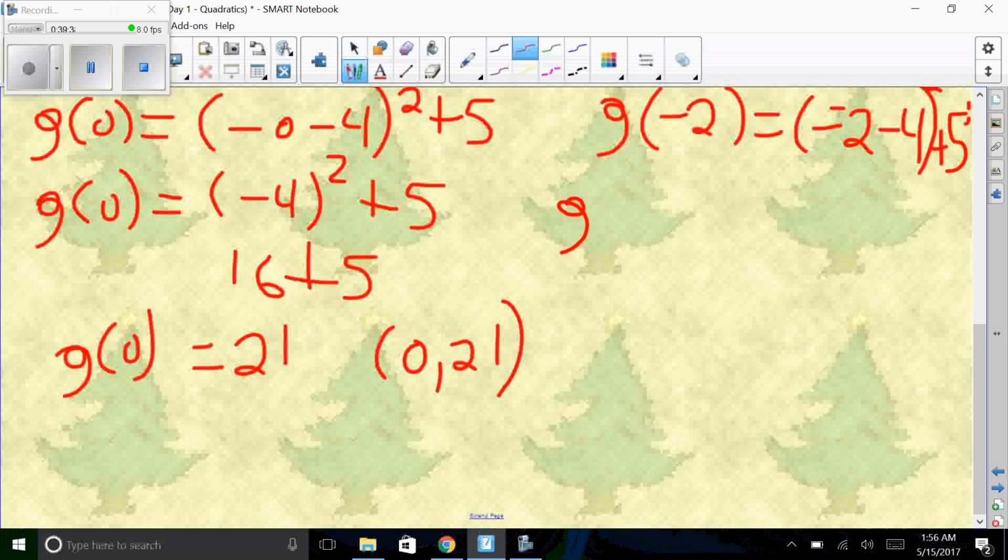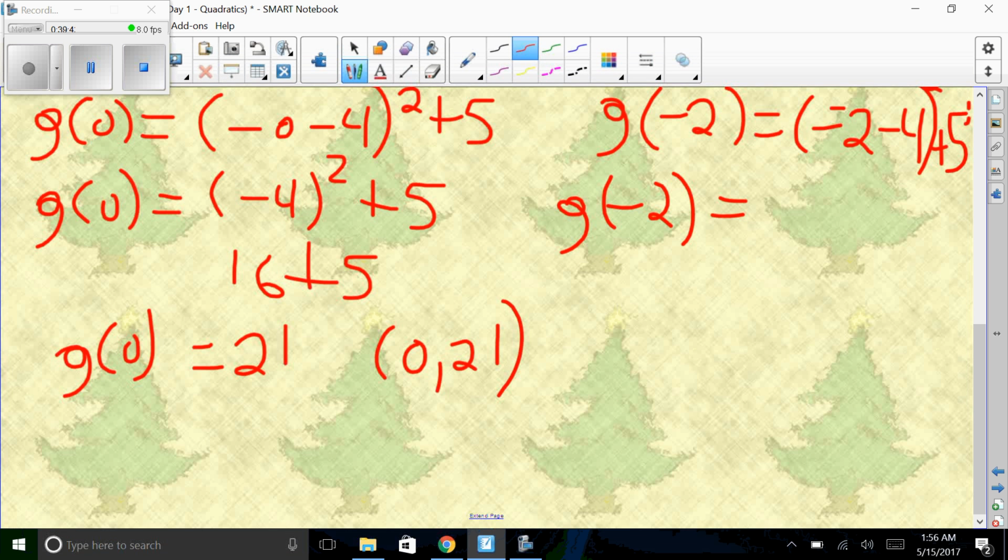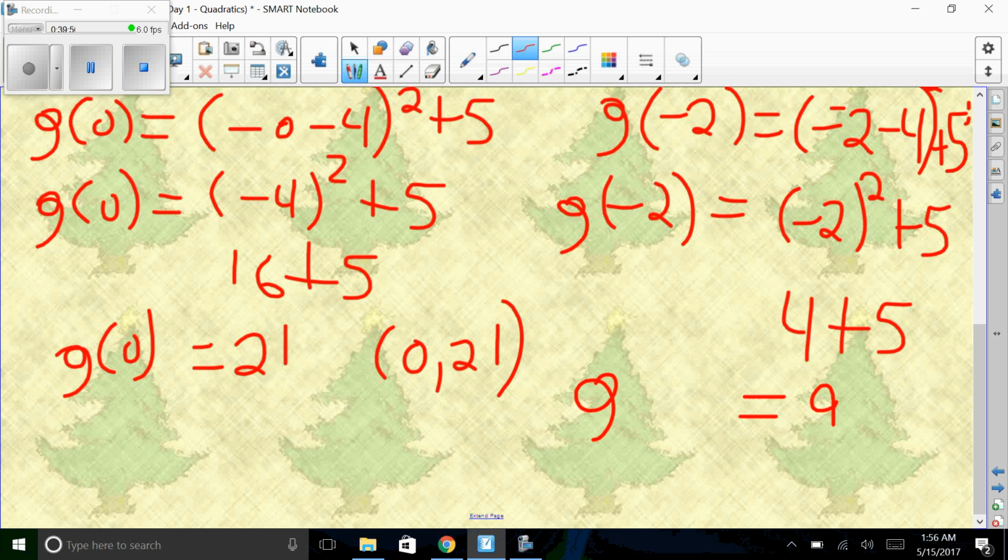Alright, so g of negative 2. That becomes a positive 2. So 2 minus 4 is negative 2 squared plus 5. That becomes 4 plus 5, which is 9. Okay, so that coordinate is negative 2, 9.